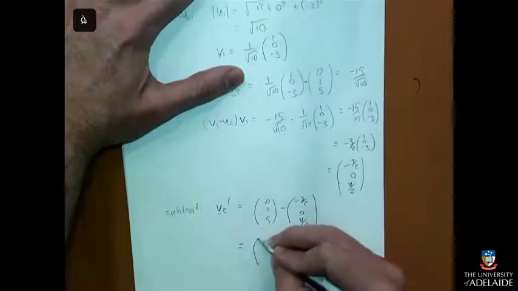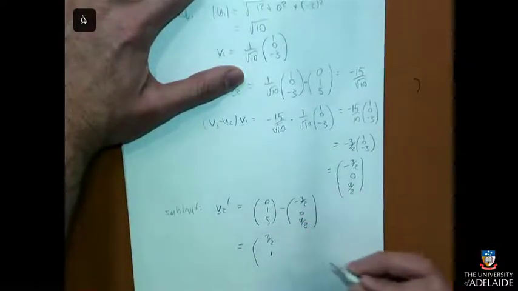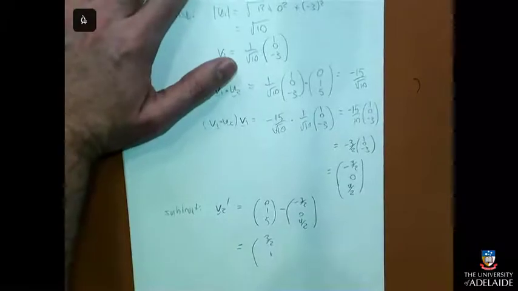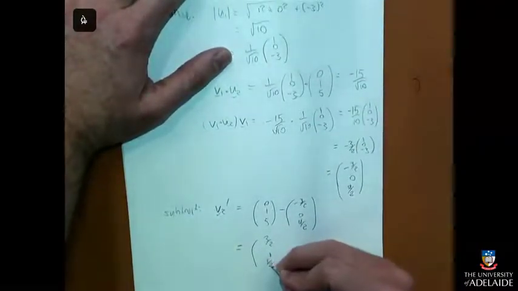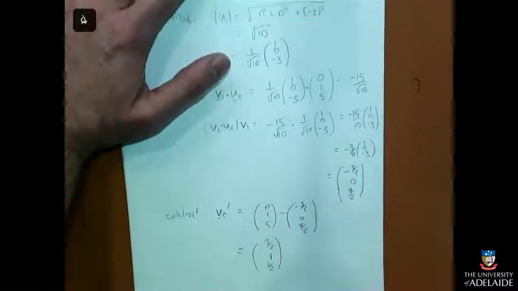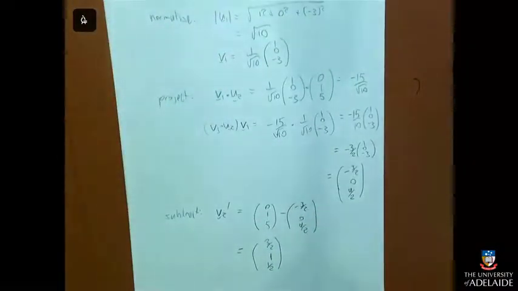So what I get is 3 on 2, 1, 5 minus 9 on 2. Well, 9 on 2 is 4.5, so we just get a half. That's kind of pleasant. And now I need to normalize that.